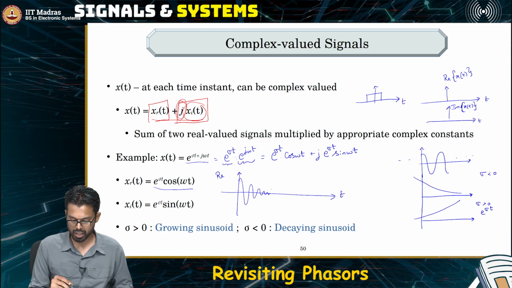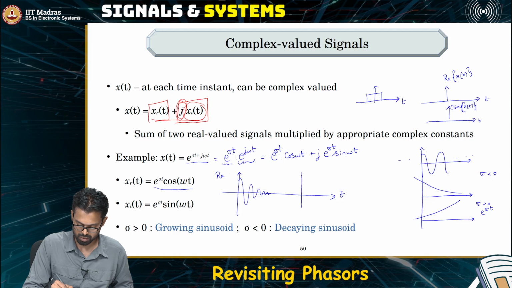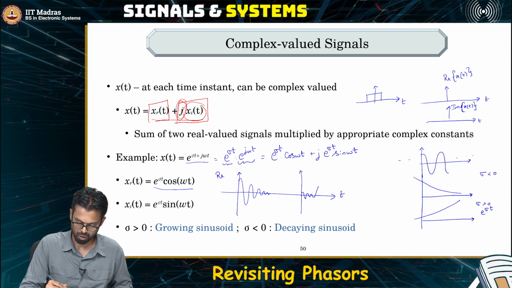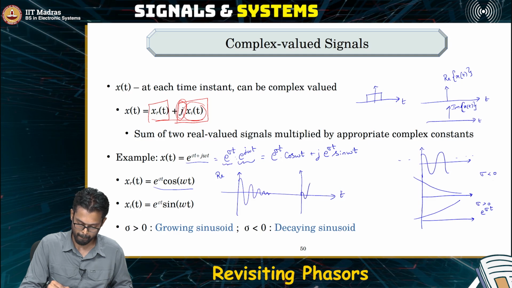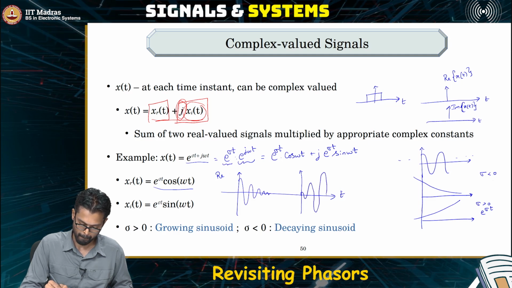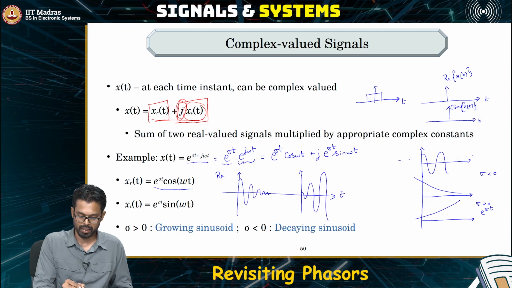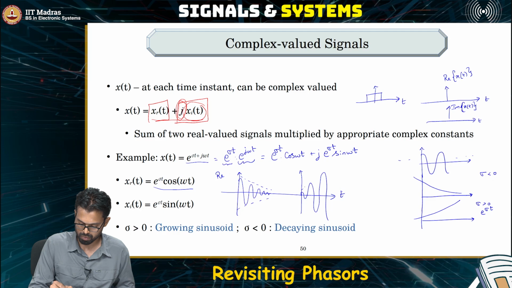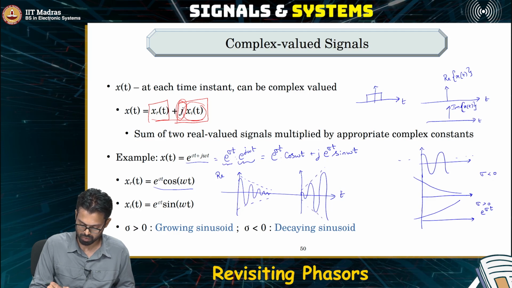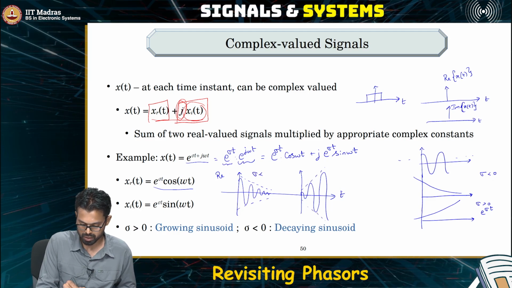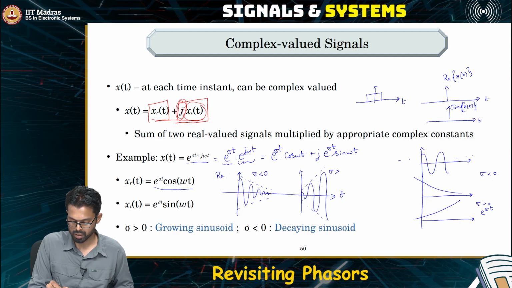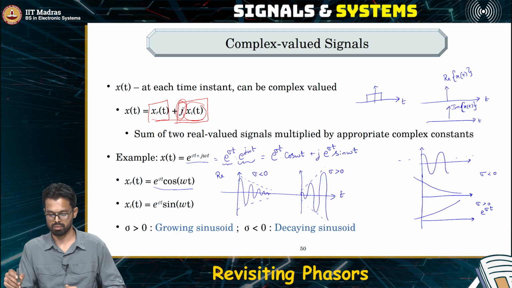If sigma is greater than 0, then we'll have something like this. Sigma is less than 0, sigma is greater than 0.